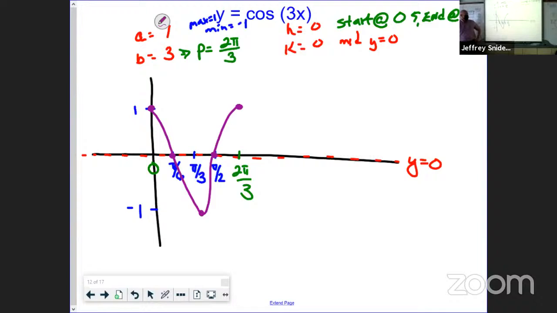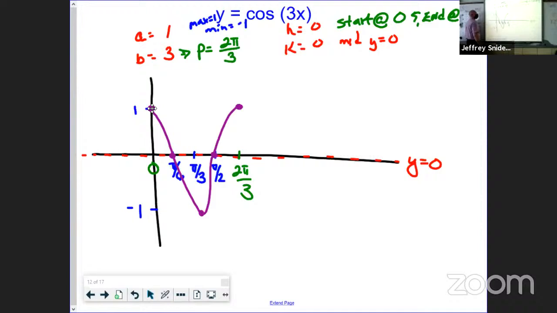That's one cycle. How many cycles would it go through before I get to 2 pi? 3, right? It would go through 3 cycles to get to 2 pi. Because I'm doing 1/3 of the original amount. There's my graph.